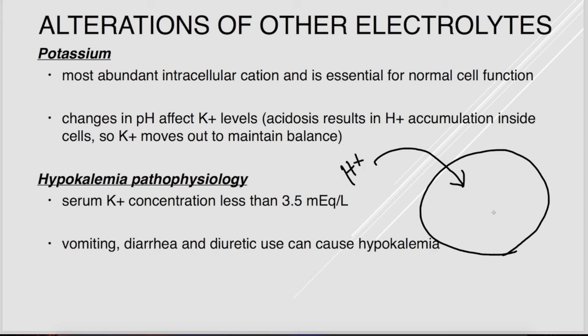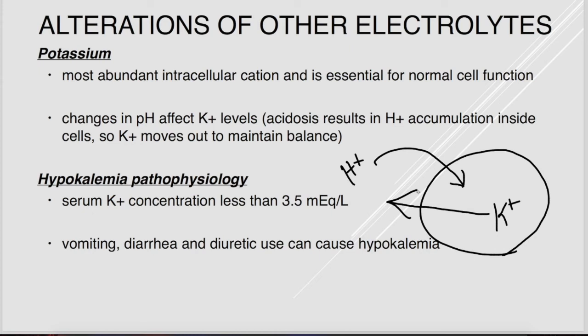All right, we know that potassium is in high concentration in the cell. So when you have more positives coming in, potassium leaves. Okay, so potassium is going to leave in order to maintain electroneutrality, maintain balance. Okay, so that's an important point. And basically that can cause hyperkalemia.